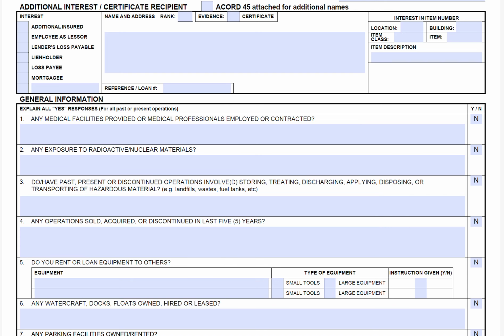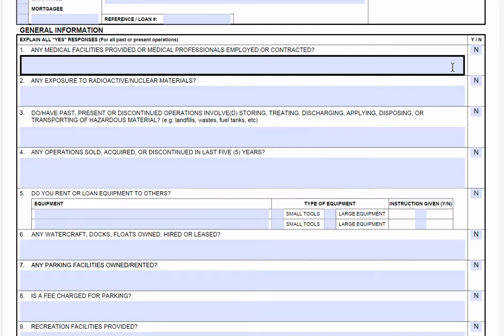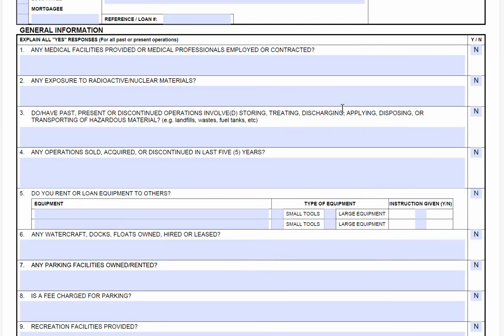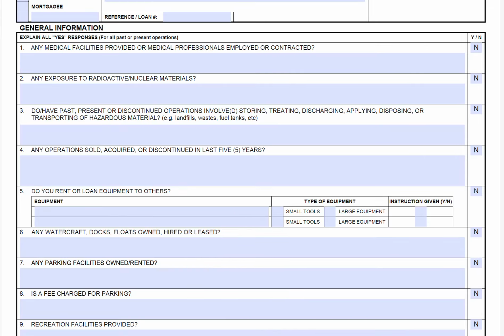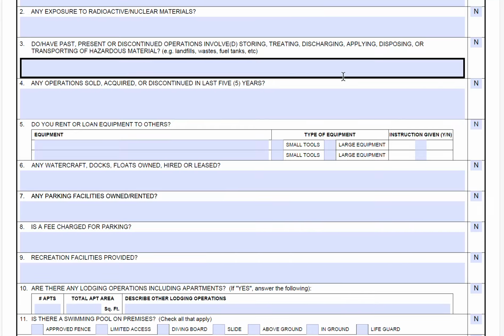General information, you're always going to fill this out. The other parts you may not have to, that I had no answers on, but the general information, these all have to be answered, and some of them don't even really apply. Like any medical facilities provided, this one is almost always no. Same with number 2 is almost always no. If they're disposing of hazard material, you'll need to list that.